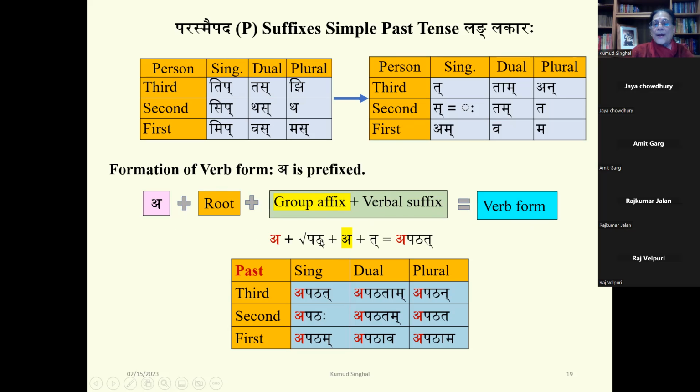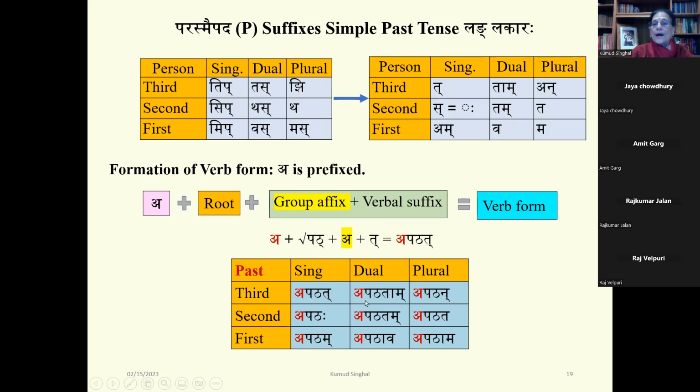So for example, pat. Now you want the past tense forms of the dhatu pat. So you first add a, then the dhatu, then the group affix of the group the dhatu belongs to, which is bhavadi, so a, and then the verbal suffix t. So a pathat.